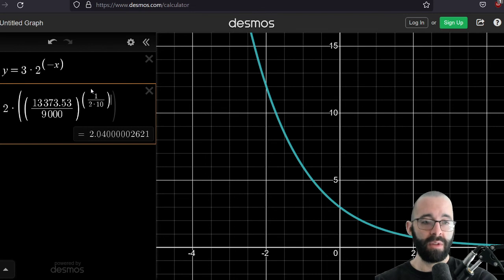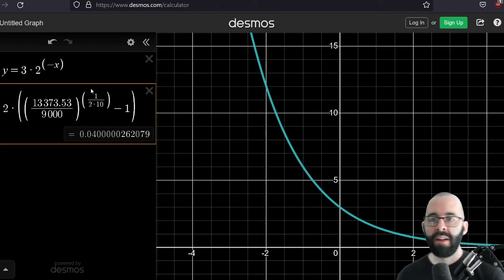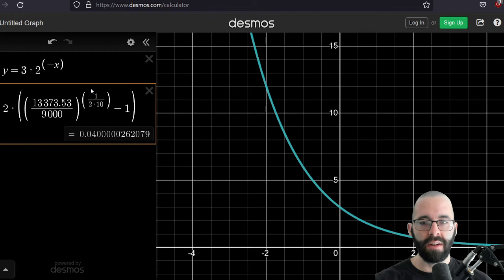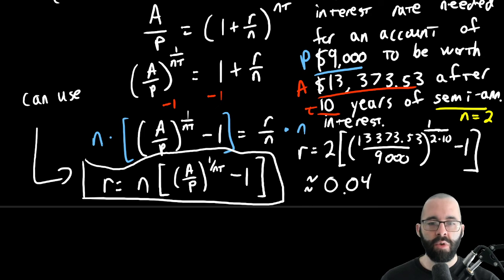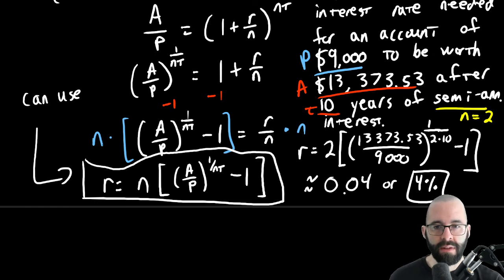Again, parentheses are really good for exponents. Tab out to get out of the exponent. Minus 1. That's our interest rate. It's almost exactly 0.04, or 4%. We need a 4% interest rate to get this kind of growth.